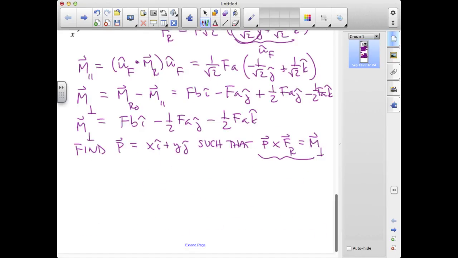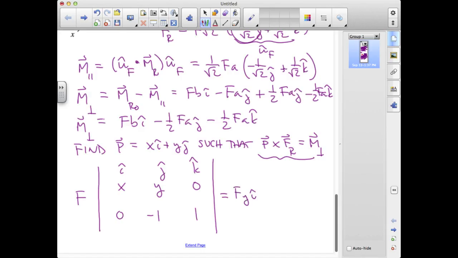So I can write this expression by pulling out the force magnitude F, and then in the I, J, and K directions, I have the X units in I and the Y units in J I'm trying to find. The force components are 0, minus 1 times F, and 1 times F. On that left-hand side, I can see in the I direction inside the cross product, I'm just going to get Y minus 0. So I'm going to have Fy in the I direction.